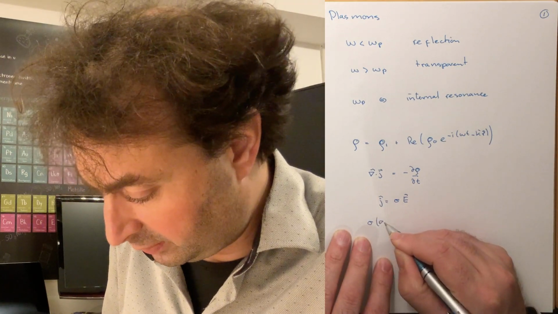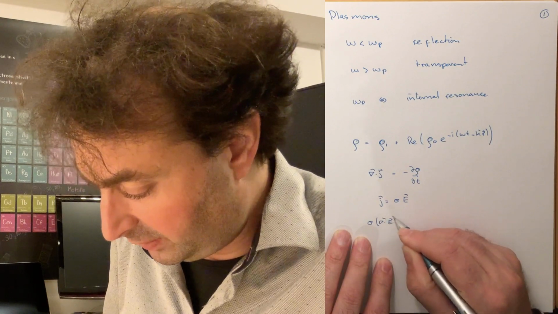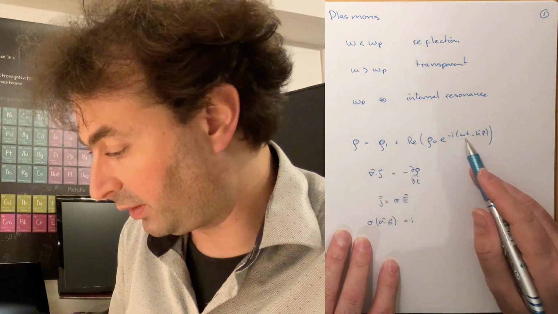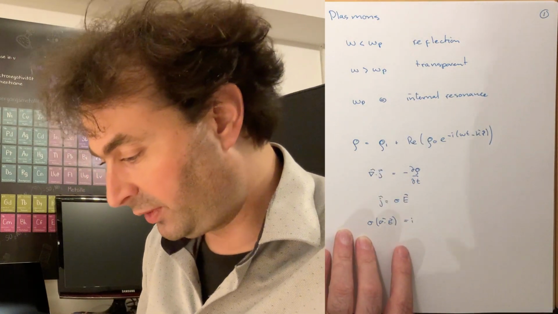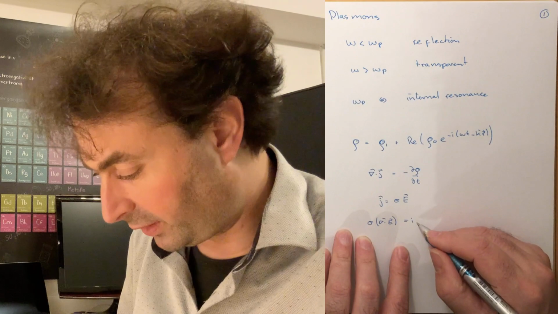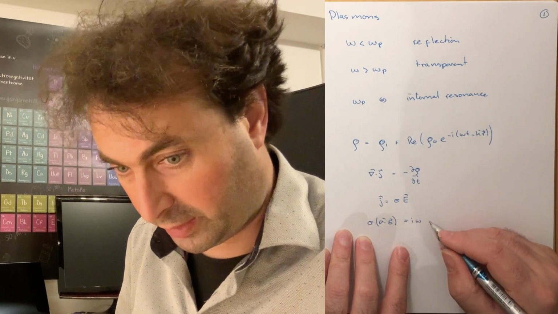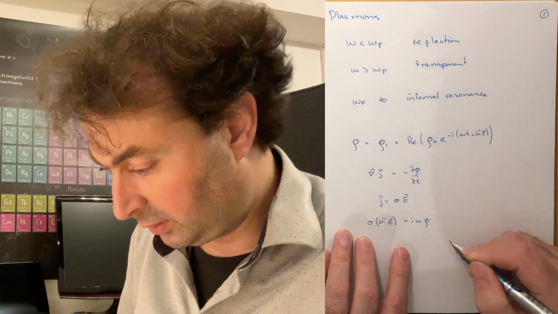sigma times the divergence of E is, and here we take the time derivative of our assumed density, and we just get an i omega in front: i omega rho.